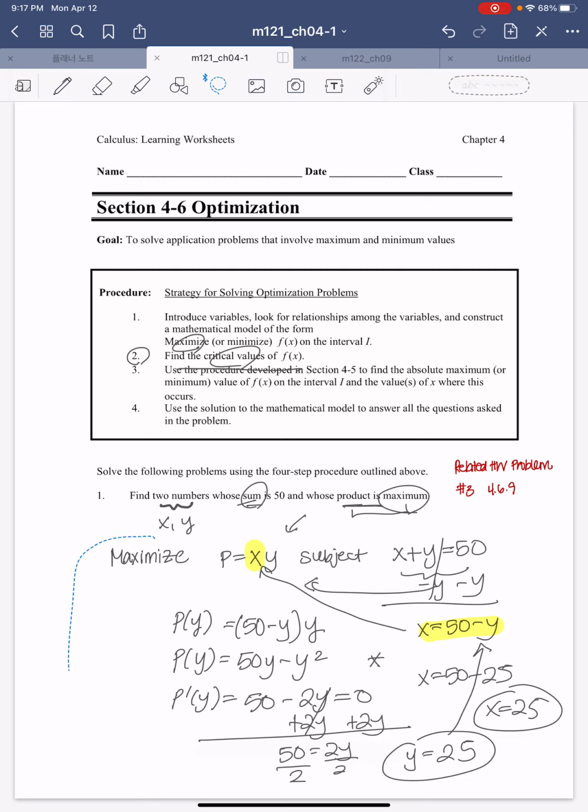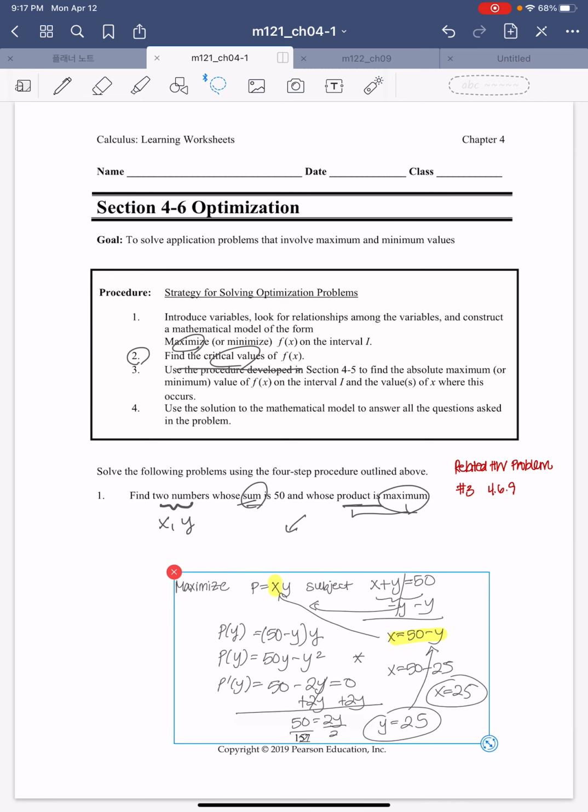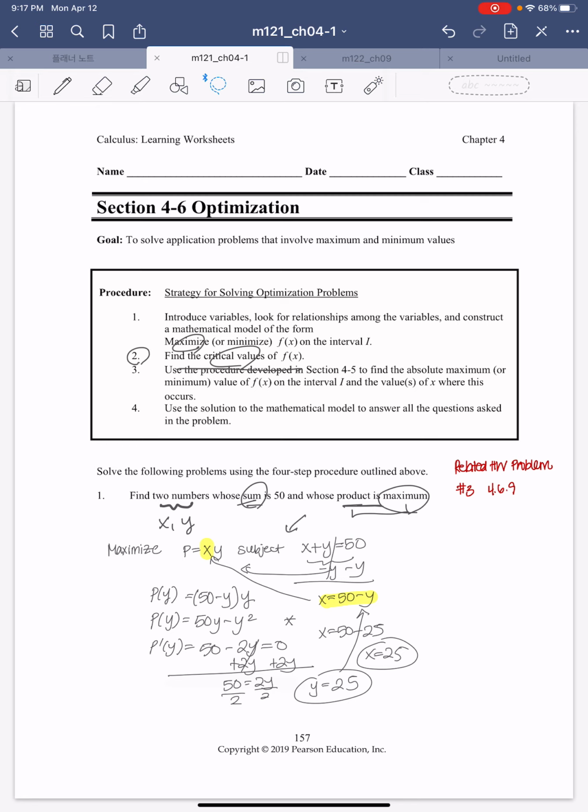So let's write out the sentence. So this means 25, 25 is the critical value. Now, going back to section 4.5 to see which one is an absolute max or minimum.